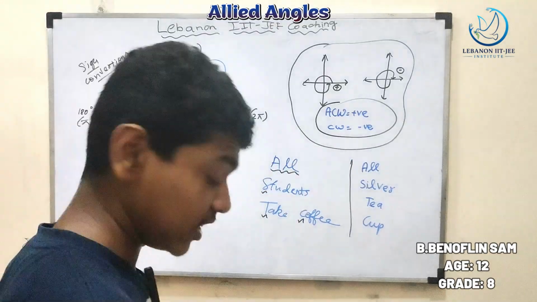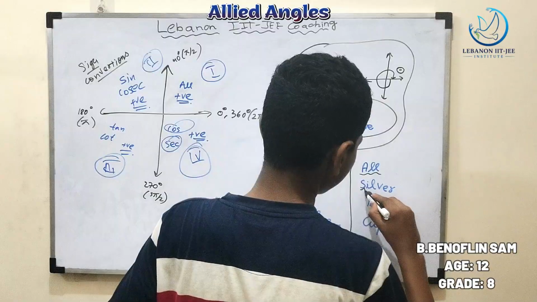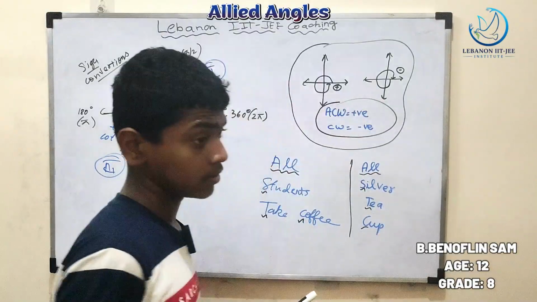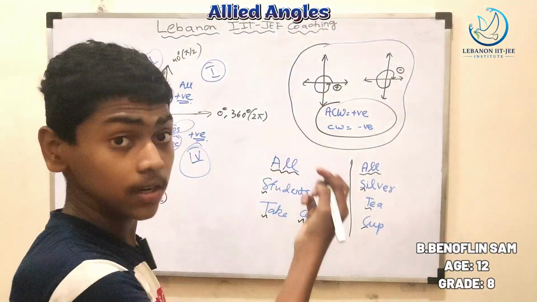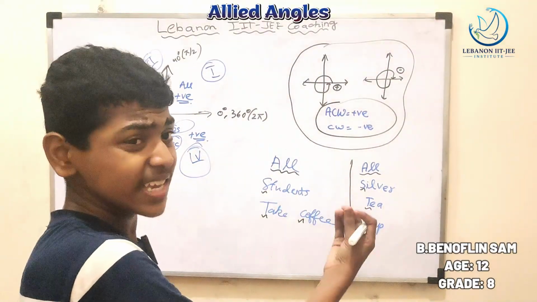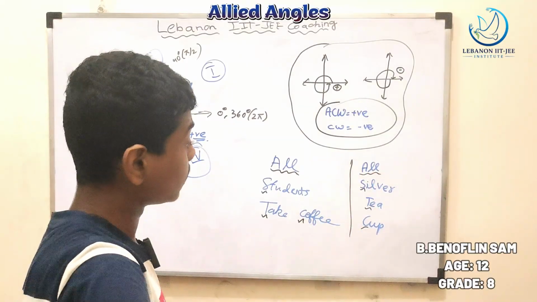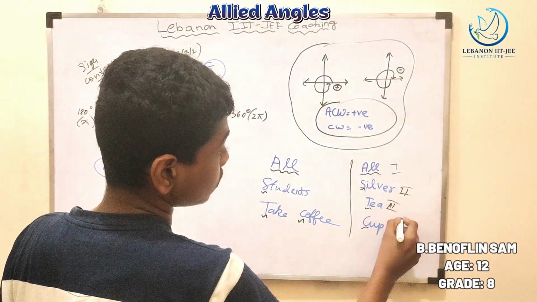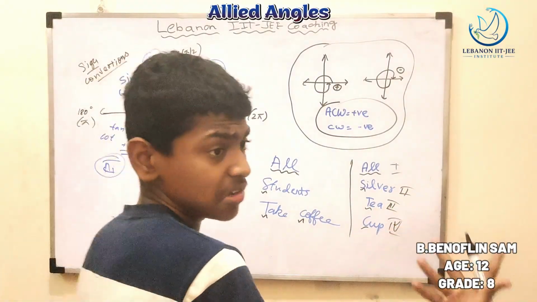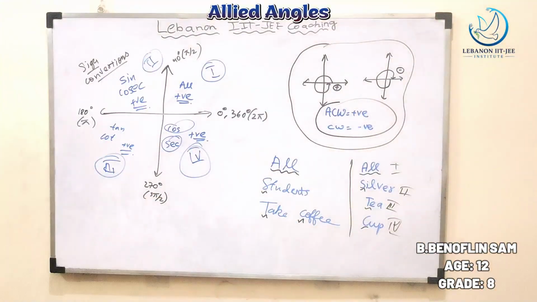So this is all, sine, tan and cos. Whichever you think is correct, it means the same. This is ASTC: all, sine, tan and cos. This is first, second, third, fourth. It's very easy to know.